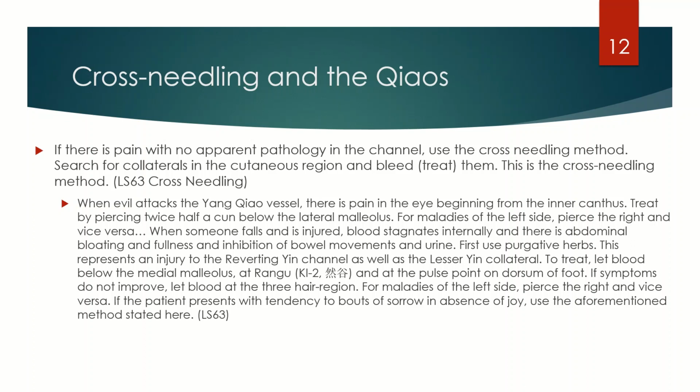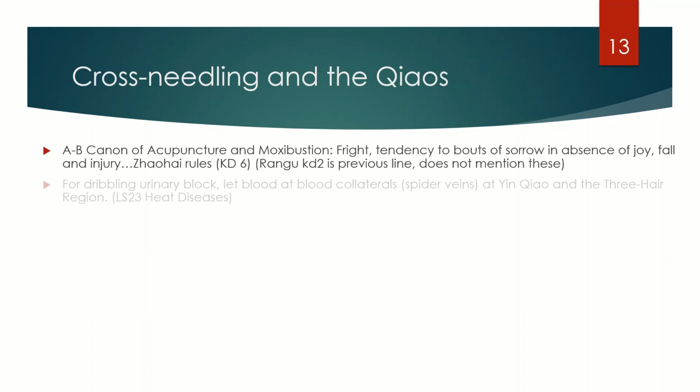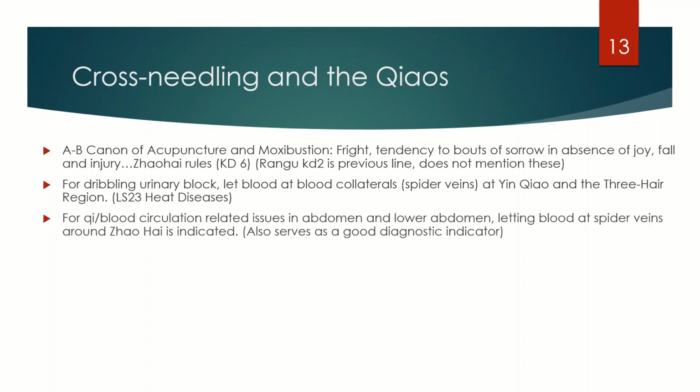So I think that's a pretty good indication. And then also in the Spiritual Pivot, Yin Qiao is indeed indicated for dribbling urinary block, another of the diseases just indicated, and it talks about it in combination with the 3 hair region, which was also mentioned in that passage. So it's all stacking up as far as I'm concerned.